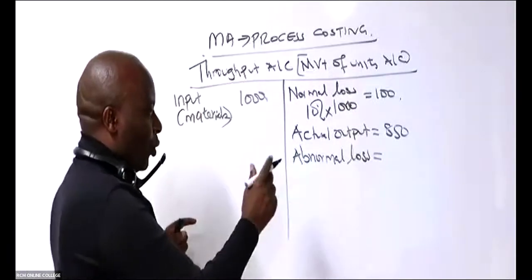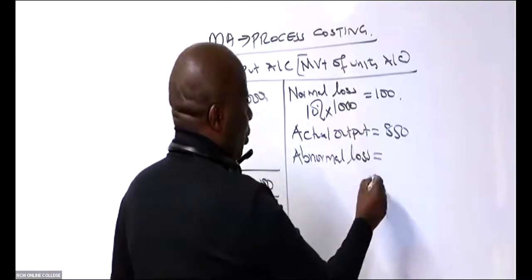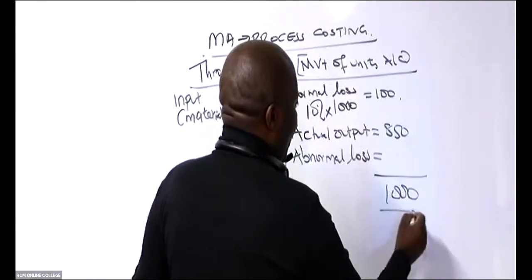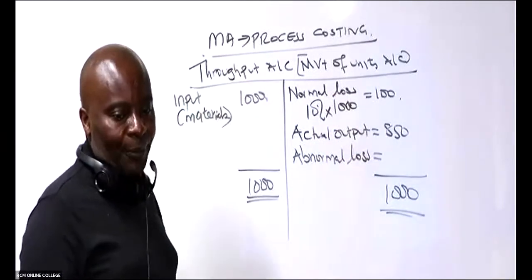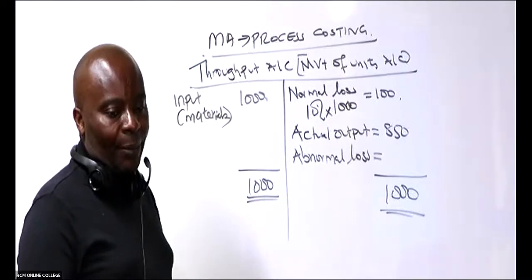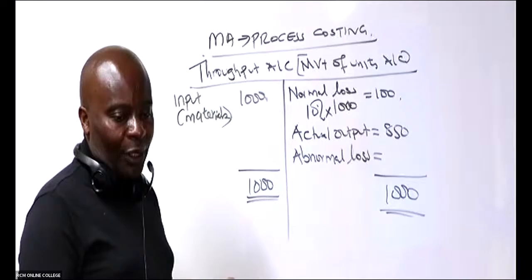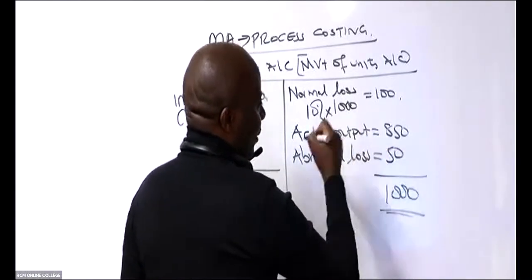So I'll go to the credit because I can see this is 1,000. So 1,000 minus this will end up giving me how much? 50. Thank you very much. Not 50 bob, 50 units.